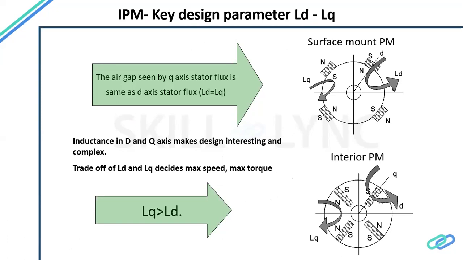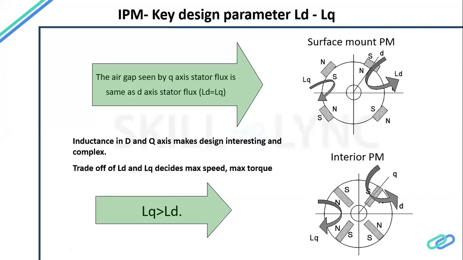IPM, I'm considering IPM as a key player in this, so I'm trying to focus a little bit here. The interior permanent magnet is very famous, especially because of the saliency that it gives. If you see the inductance of these two paths, called the D and Q axis, these two paths give different inductances to the flux.